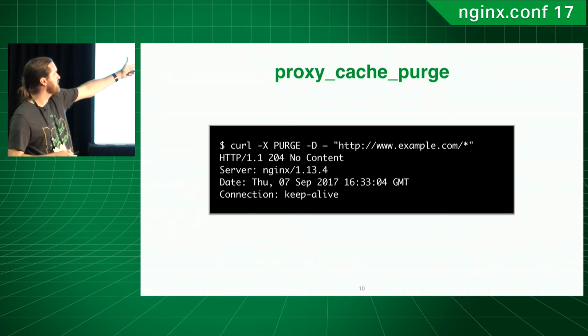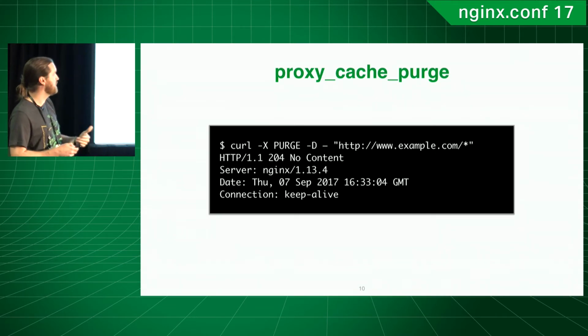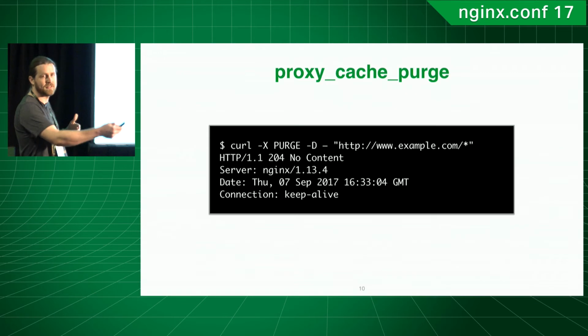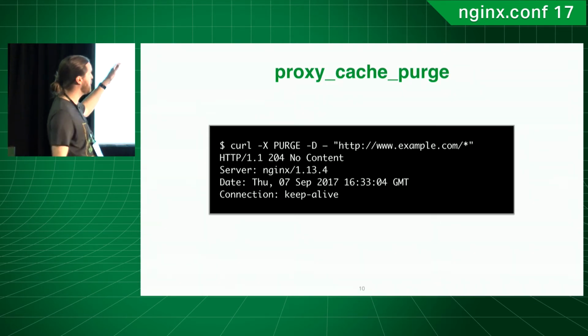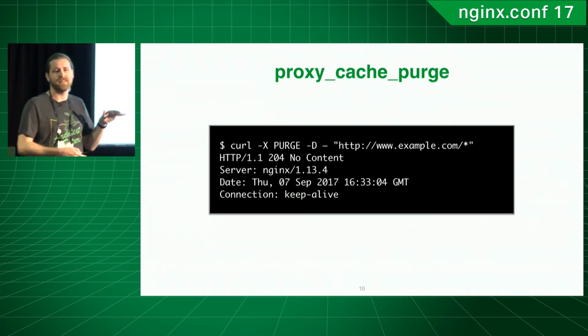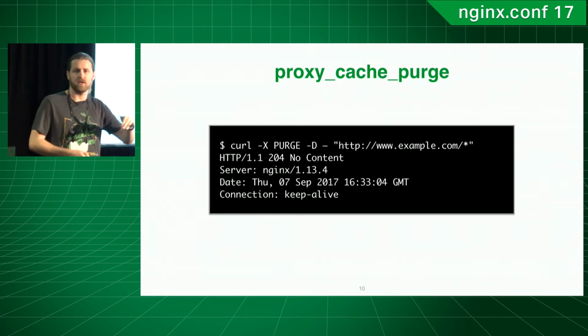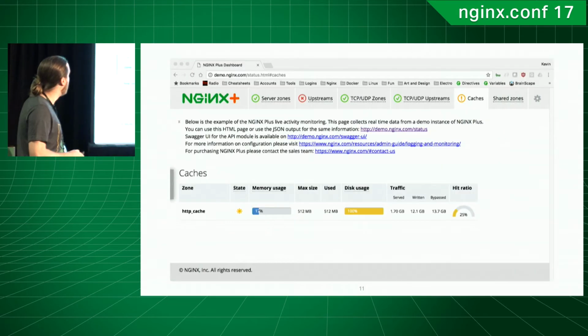And in this case, I'm doing a wildcard purge, which it supports, which is really nice for being able to deal with large amounts of resources using a URI. So if you were doing like example.com/images*, it's only going to purge the /images path, right? It's going to leave anything else in other directories or other URIs.